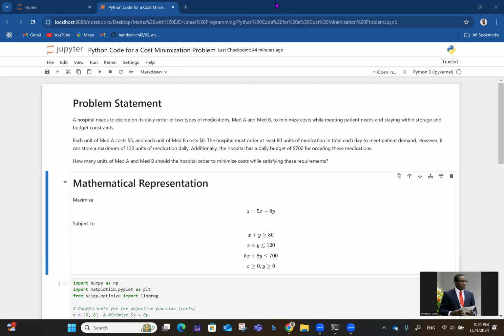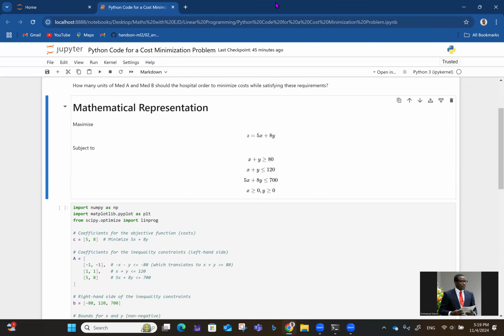However, it can store a maximum of 120 units of medication daily. Additionally, the hospital has a daily budget of $700 for ordering these medications. How many units of Med A and Med B should the hospital order to minimize cost while satisfying these requirements? That's the problem statement. And then the mathematical representation is in the next cell.